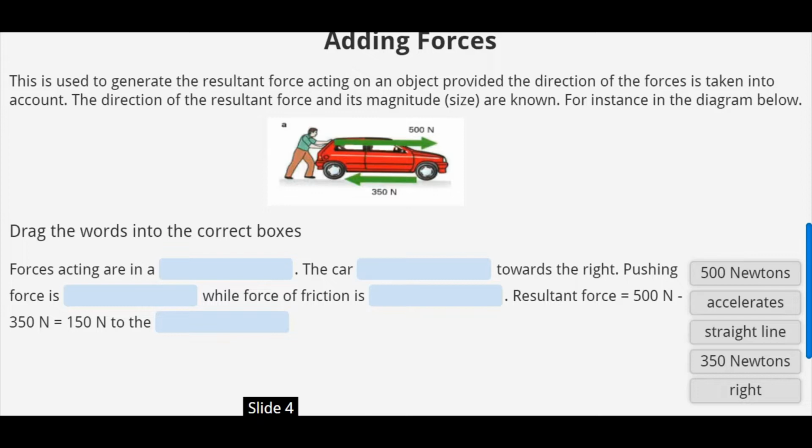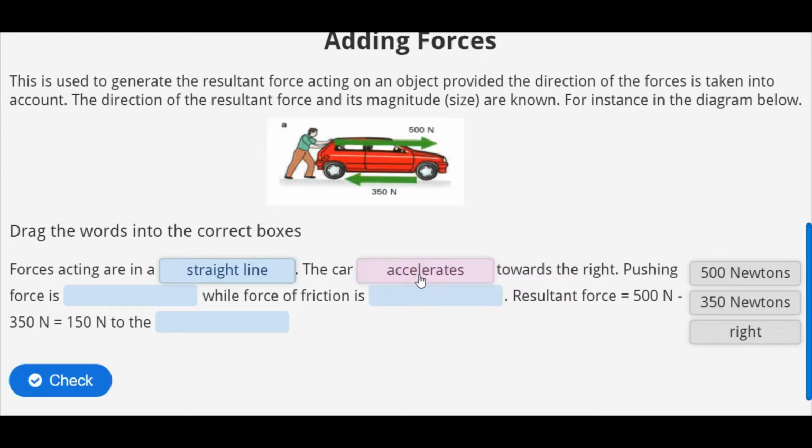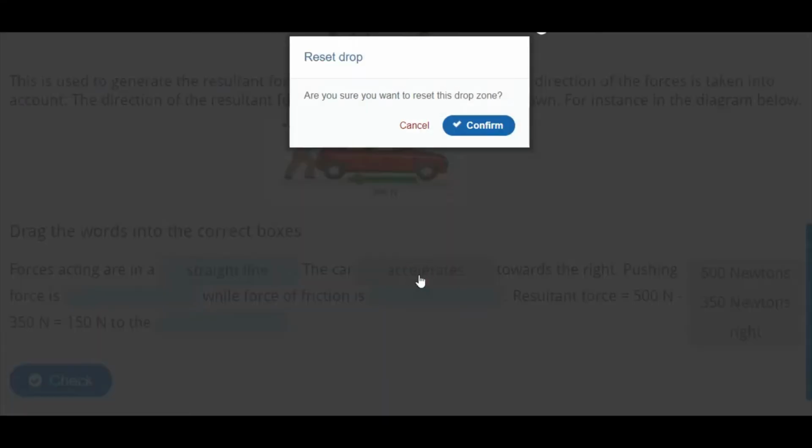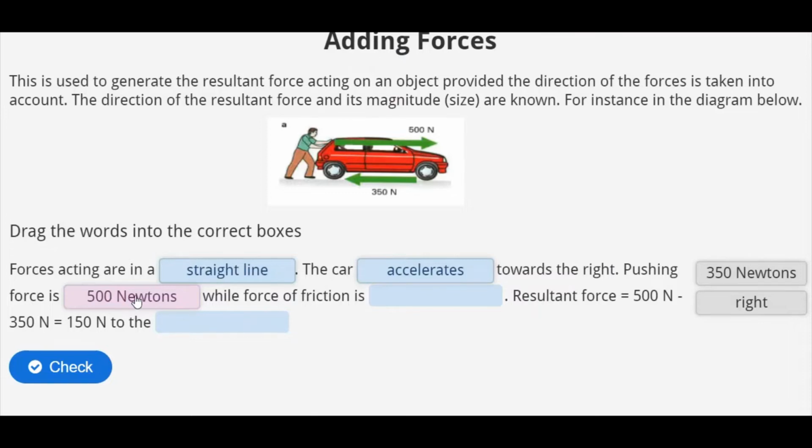The forces acting are, as you can see, in a straight line. The car is accelerating towards the right. Pushing force is 500 Newton, while the force of friction is 350 Newtons.